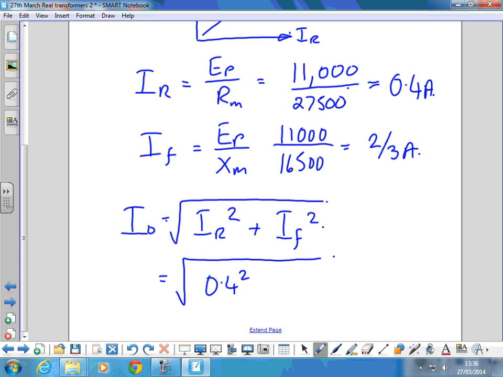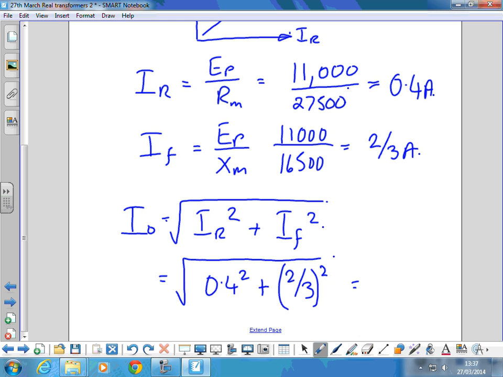So 0.4 squared plus 2/3 squared equals. The way to do it, Daniel, is to store that answer and then square it and then add that on afterwards.